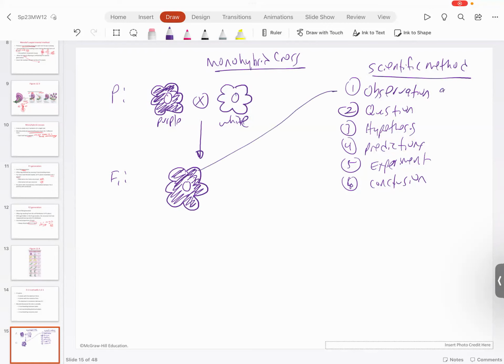Our observation, it's all purple. Right, F1s that is. That's your observation. What's your question? What's the screaming question here? The most obvious one. Yeah, exactly. That's your glaring question. What happened to the white?